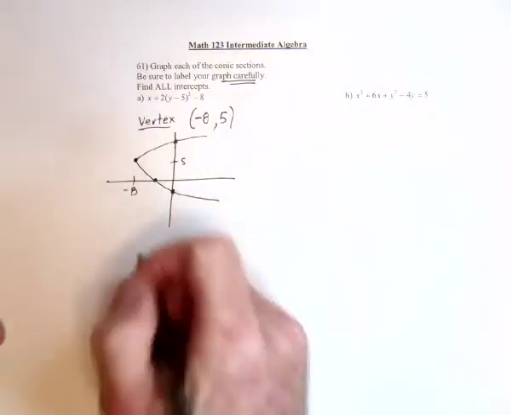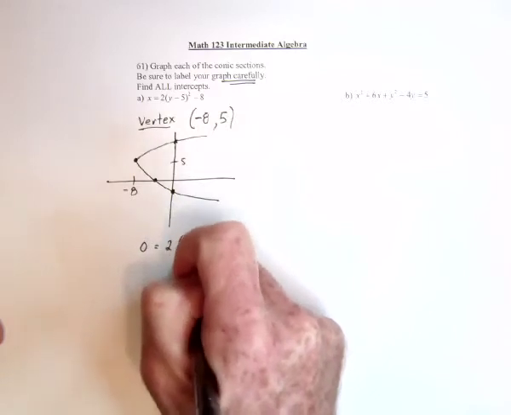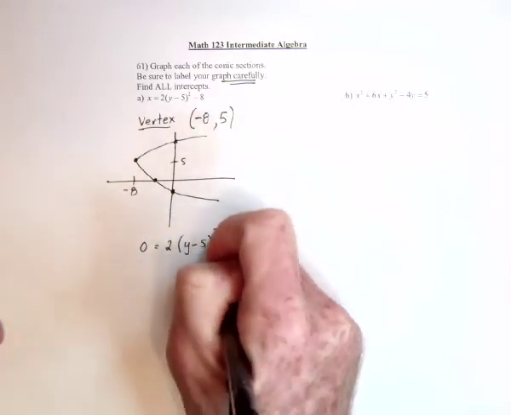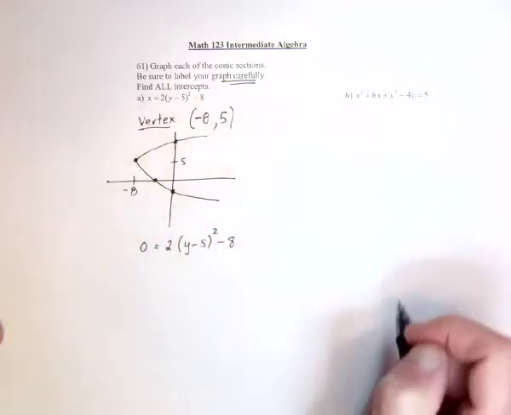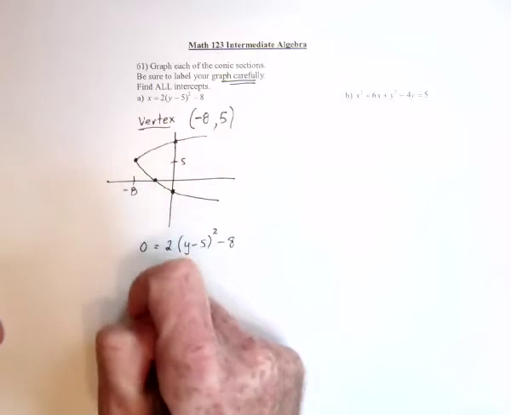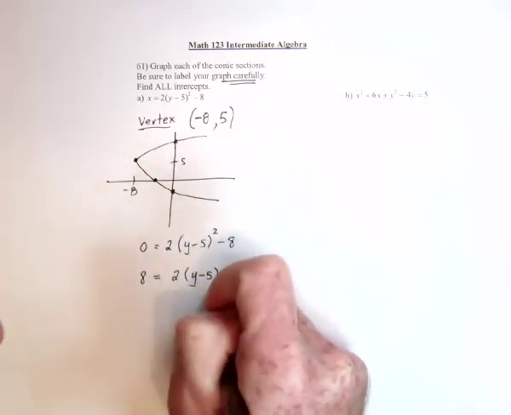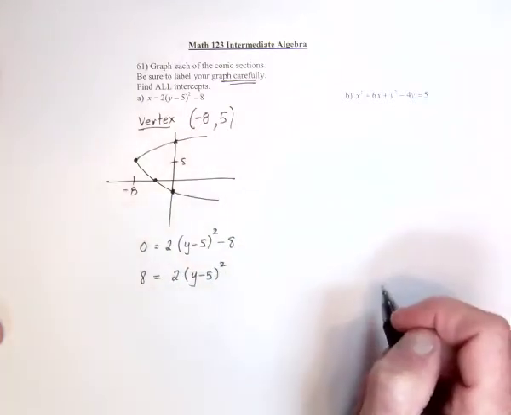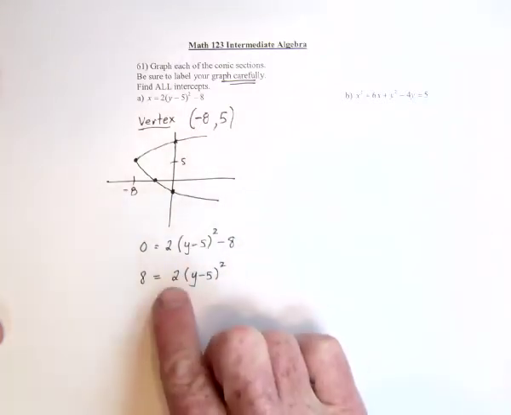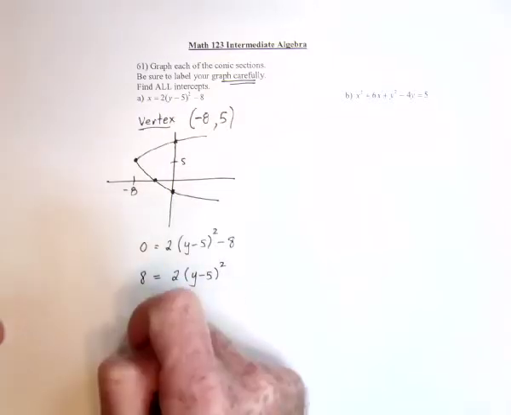So just go to the equation, put x equals 0, and then what we could do is add 8 to both sides to move this over to the other side. And then in the next step, what I can do is get rid of this 2 by dividing both sides by 2. So over here, 8 divided by 2 is 4.